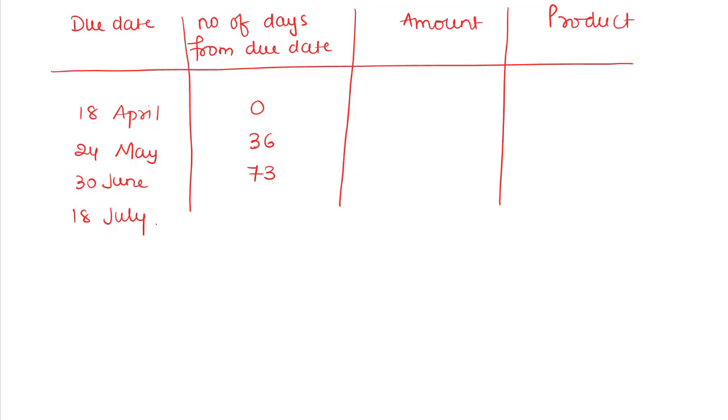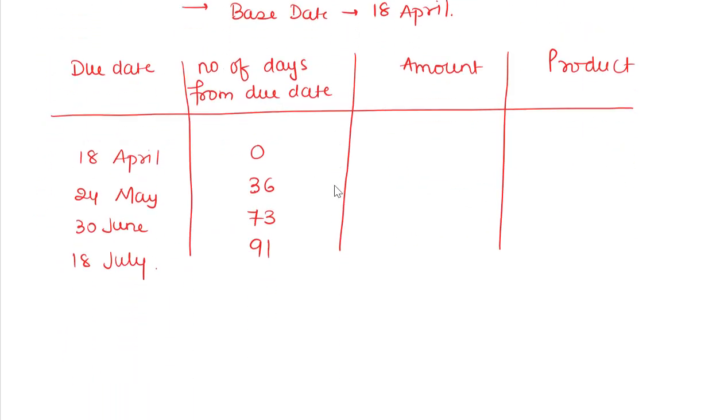And 18th July: 30th June to 18th July is 18 days, 73 plus 18, this is 91 days. I believe you understood.